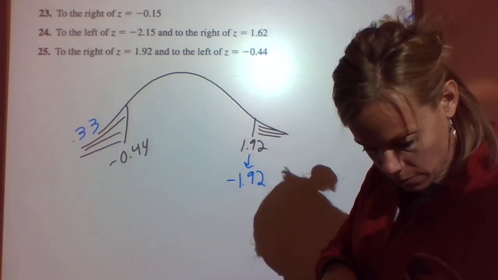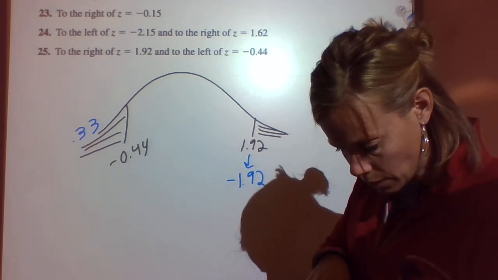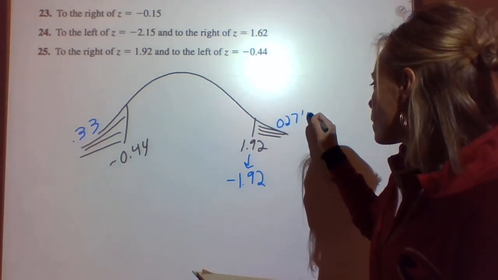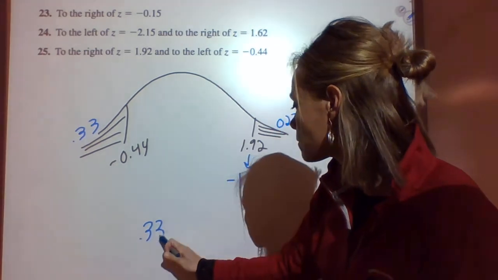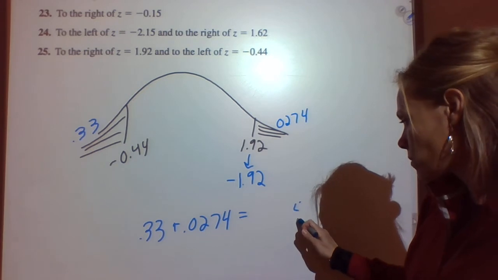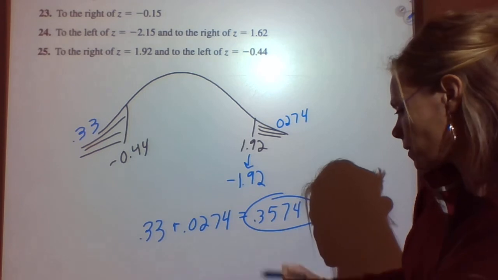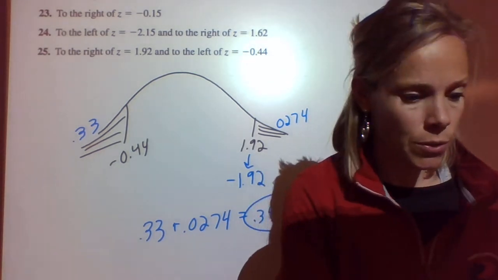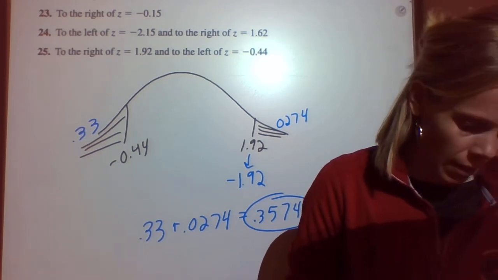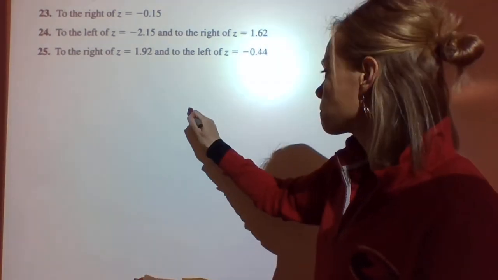Negative 1.92 is 0.0274, and then I can add those two together. So I would get 0.4753. There we go.